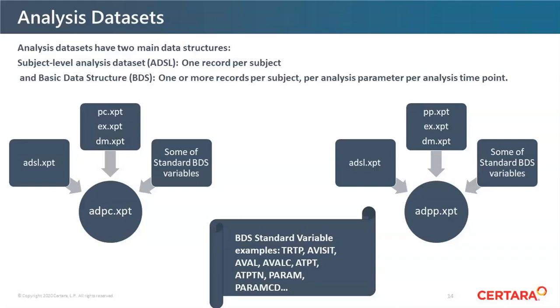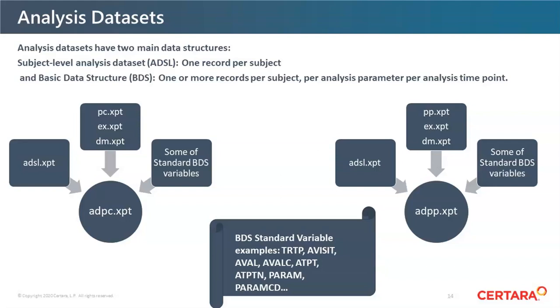We can have it either from ADSL, TRTxxP, or the record level treatment variable like TRTP. The TRTP stands for planned treatment, and TRTxxP stands for planned treatment for a period xx.